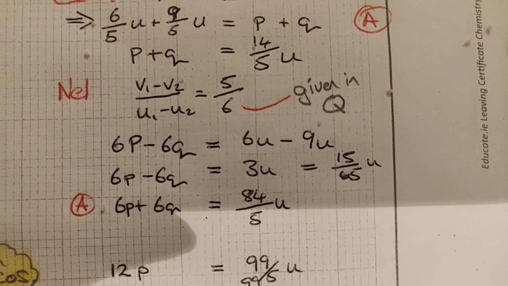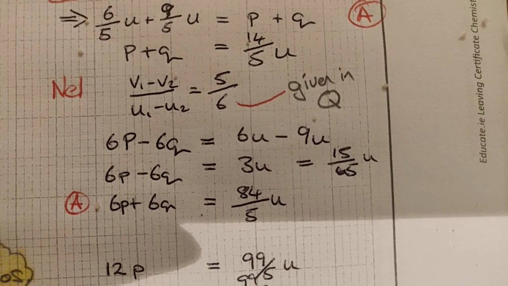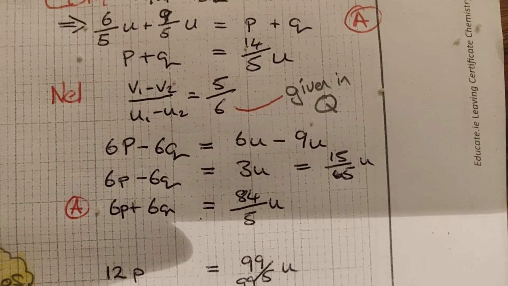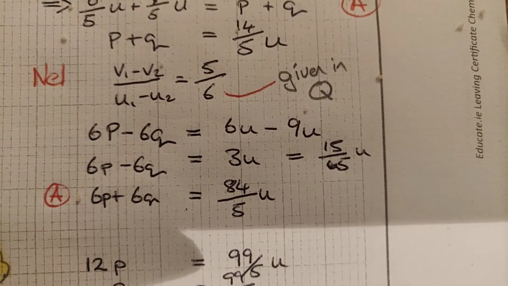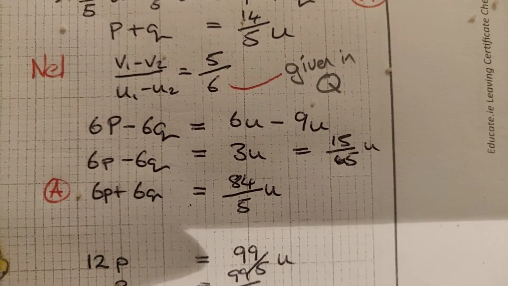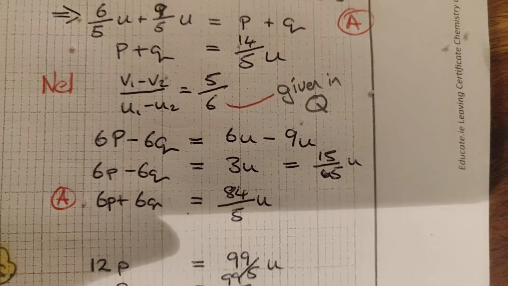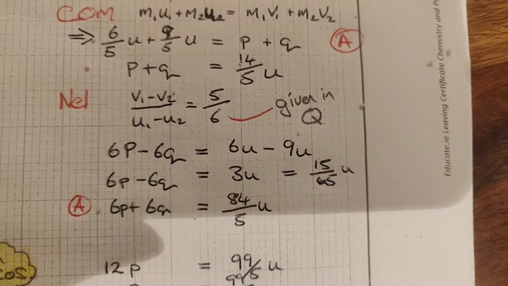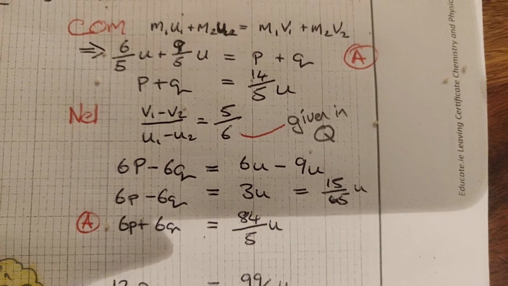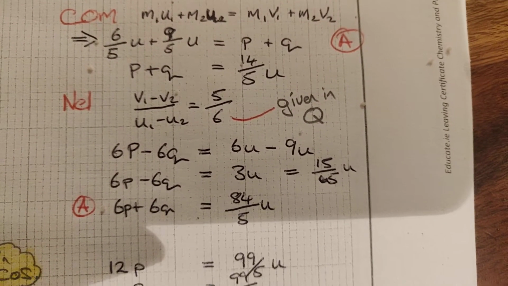Newton's experimental law, (V1 minus V2) over (U1 minus U2), was equal to 5/6. They told us that. So V1 and V2 are actually p and q, and I just cross multiplied here. The 5 was handy because I got rid of the 6/5 and 9/5.